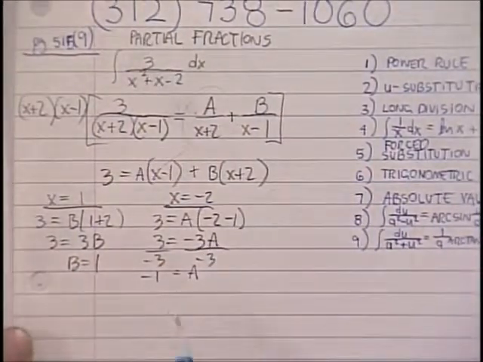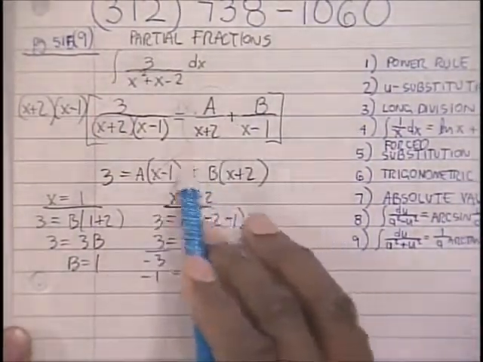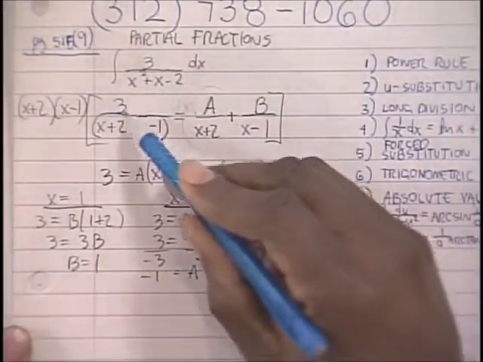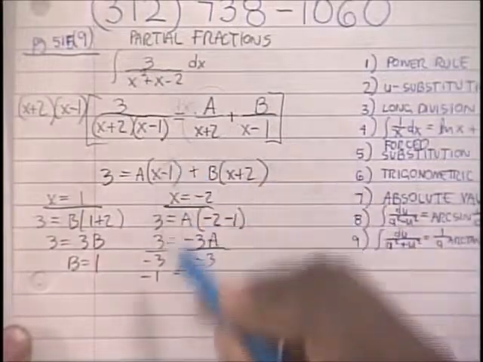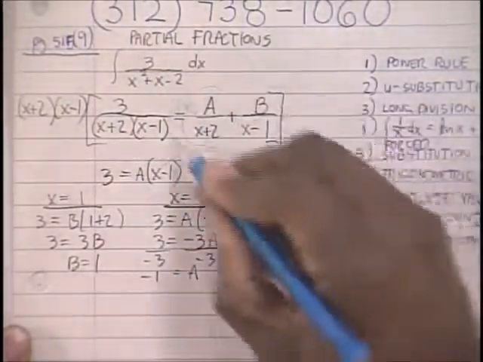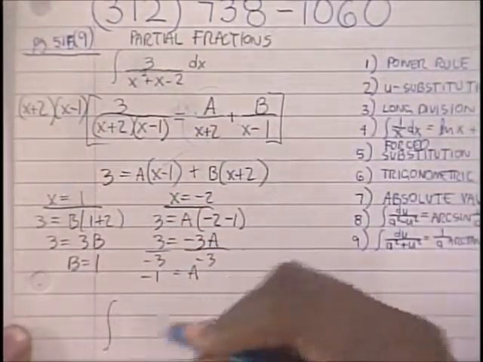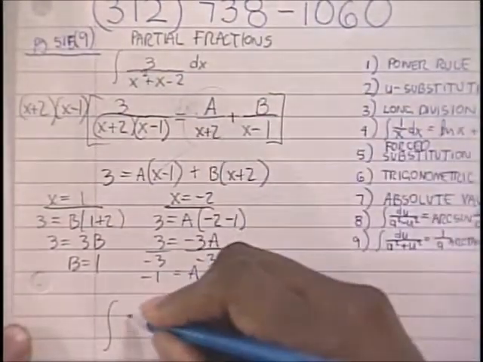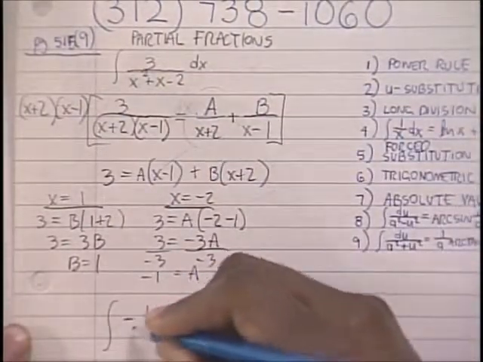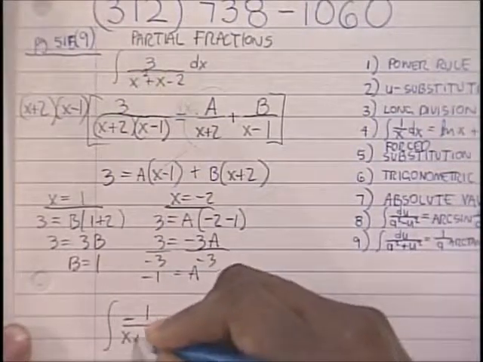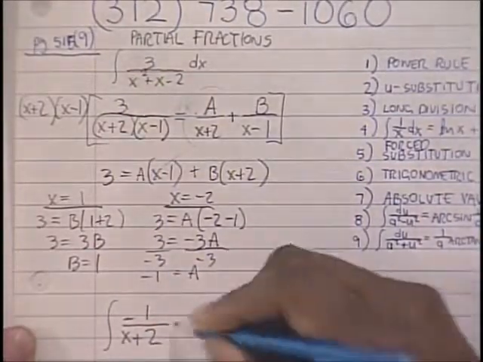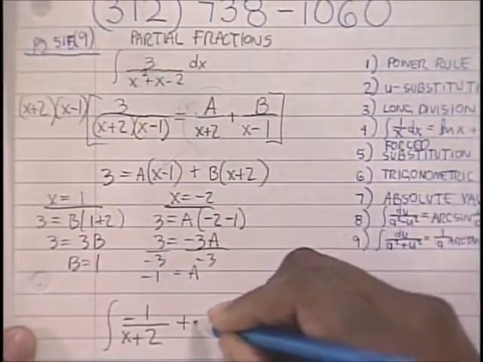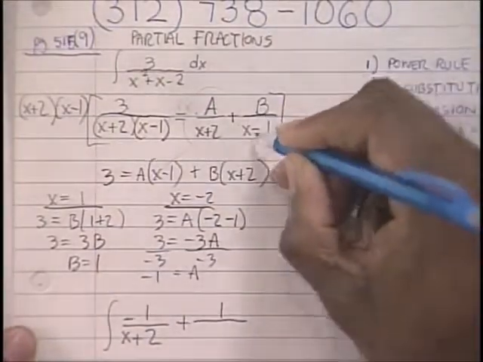So now what you have is a situation where you are trying to rewrite this problem. So instead of 3 over (x plus 2) times (x minus 1), you now have an antiderivative of A over x plus 2, which is negative 1 over x plus 2, plus B over x minus 1, and B is 1.